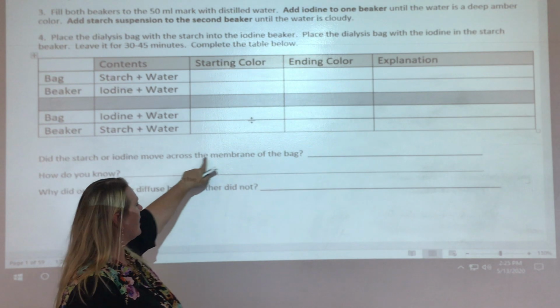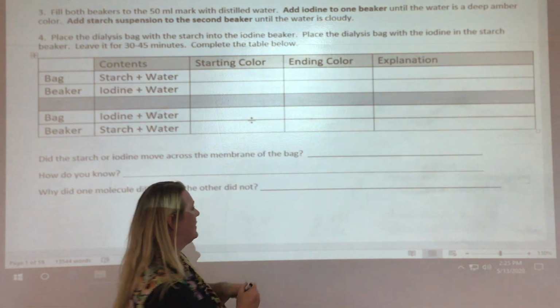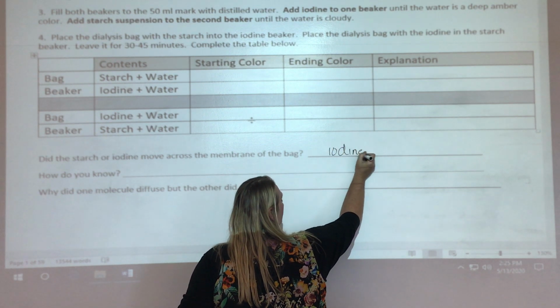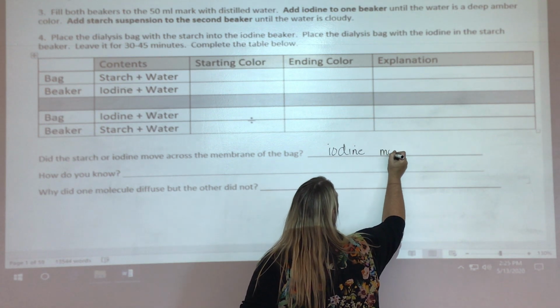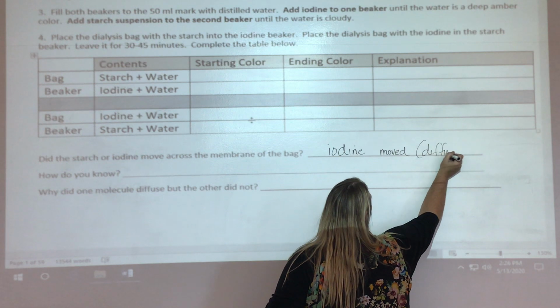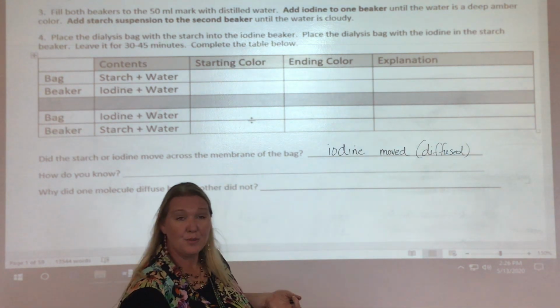Did starch or iodine move across the membrane bag? Did it move across that? I'm going to say iodine moved. And to be more specific, I'm going to say it diffused across.